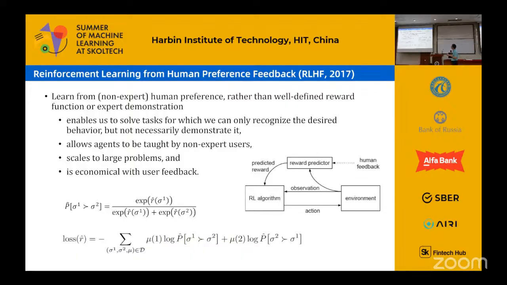Usually we use sigma as a function of the trajectory or state-action pairs. Given two trajectories, sigma 1 and sigma 2, we can define the winning probability of sigma 1 over sigma 2, somehow like a sigmoid function. The loss is defined by the human preference, which of sigma 1 and sigma 2 is more preferred, mu 1 and mu 2.